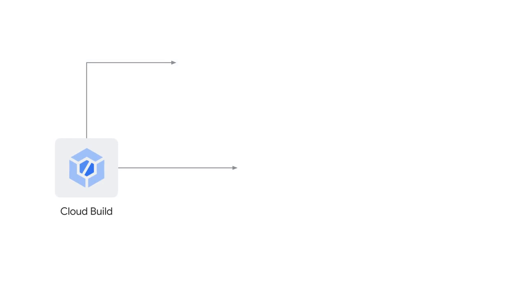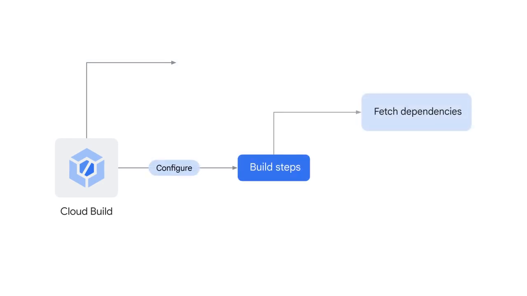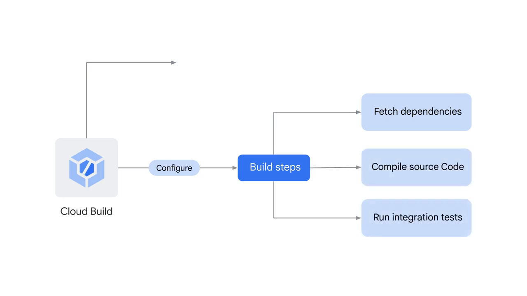For example, you can configure build steps to fetch dependencies, compile source code, run integration tests, or use tools such as Docker, Gradle, and Maven. Each build step in Cloud Build runs in a Docker container. From there, Cloud Build can deliver the newly built images to various execution environments, including Google Kubernetes Engine, App Engine, and Cloud Functions.